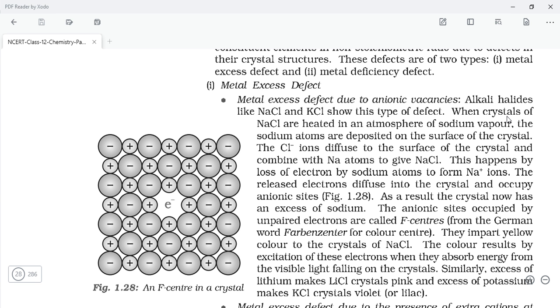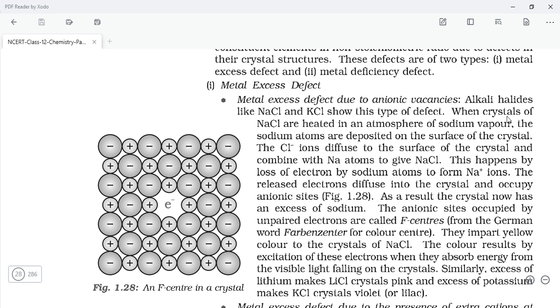So this is really going complex. Now, if you think about it, when you heat a crystal in an atmosphere of solid sodium, like if you take sodium metal inside a closed jar and heat NaCl that is at the bottom of it, then the Cl minus ion diffuses to the surface of the crystal because there is sodium outside the solid NaCl.